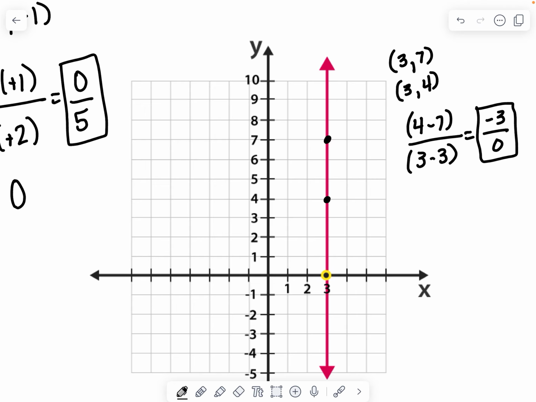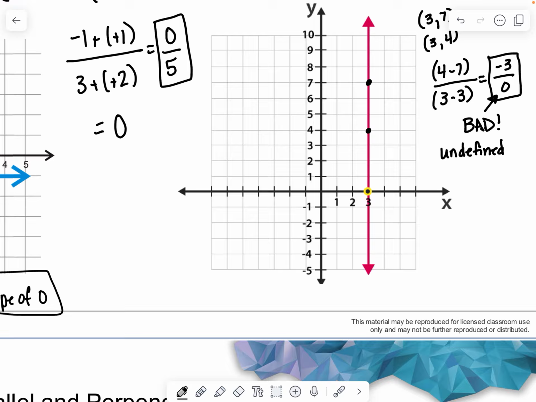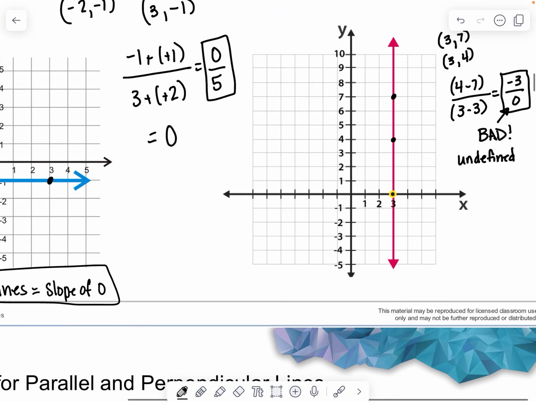Dividing by 0 is bad. That's the word. Do you guys remember it? It is undefined. If you do that, your calculator will yell at you. You are not able to divide by 0. It's impossible. It's like putting 3 apples into 0 baskets. You can't do it. It's impossible to divide -3 0 ways.